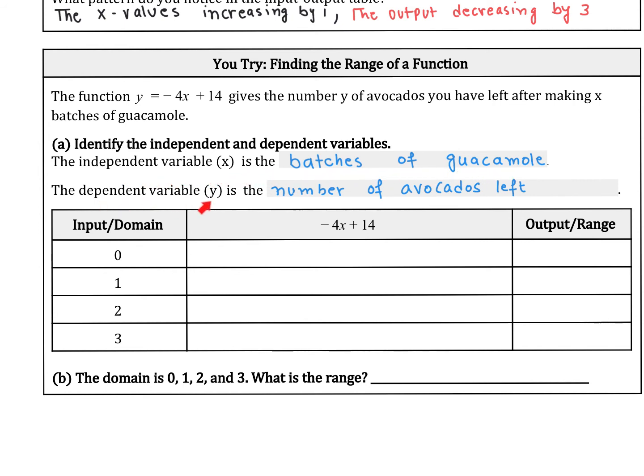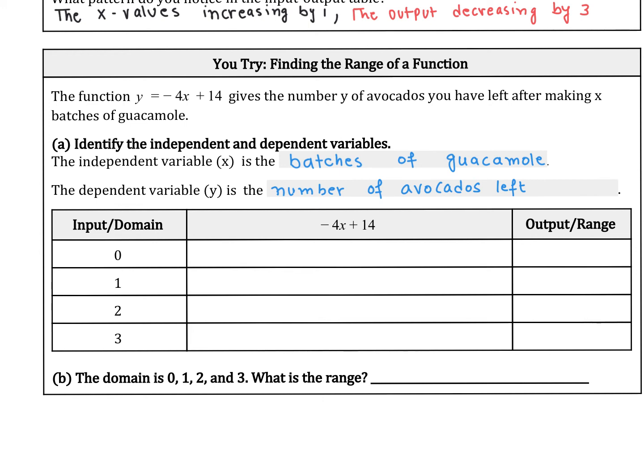The dependent variable is the amount of avocado left. When you make batches of guacamole, whatever is left is going to depend on how many batches we made already. So the number of avocados left is the dependent variable, and the batches of guacamole that we decide to make is the independent variable.